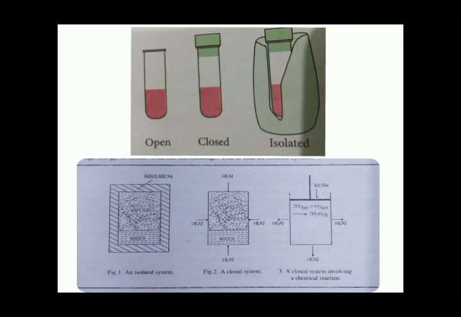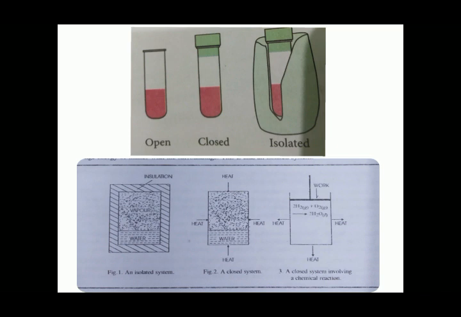So, let us consider a vessel containing matter such as liquid. It is covered, that means closed. This vessel is closed and also insulated, like a flask. So, in this system the vessel is closed, so no matter, meaning liquid, can leave or enter the vessel.